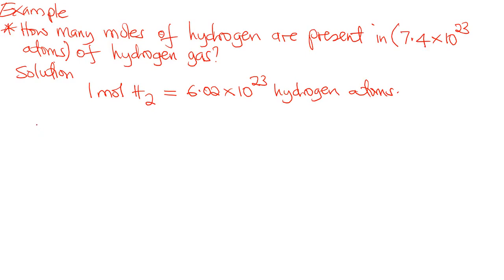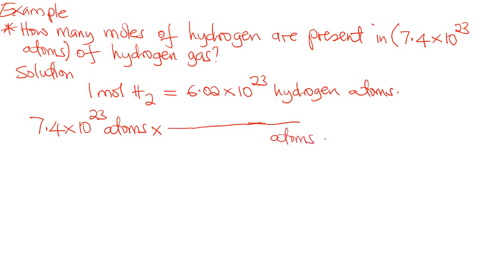So I will start with the given quantity, which is 7.4 times 10 to the power 23 atoms. As usual, I will draw my line here, and then I also have atoms down here that covers this part, and then I'll have mole.